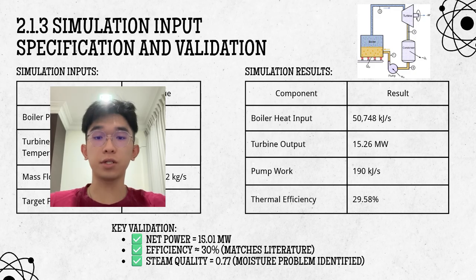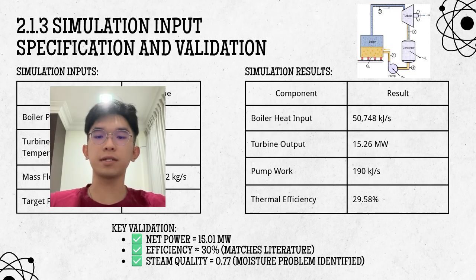After running the simulation, we obtained a boiler heat input of around 50,000 kilojoules per second, a turbine output of approximately 15.26 megawatts, pump work of 190 kilojoules per second, and an overall thermal efficiency of 29.58%. To validate the simulation, the calculated net power output was 15.01 megawatts, which closely matches our design target of 15 megawatts.